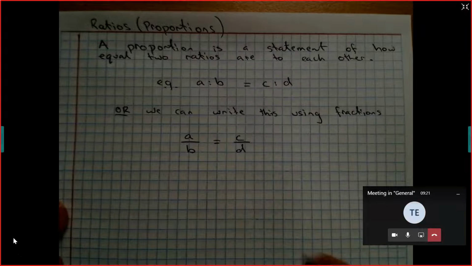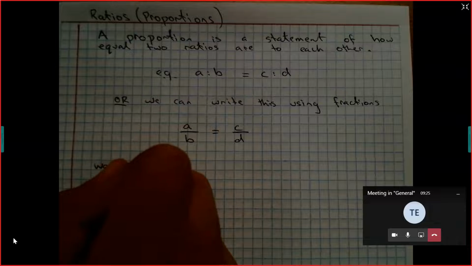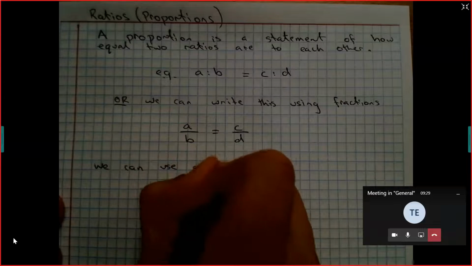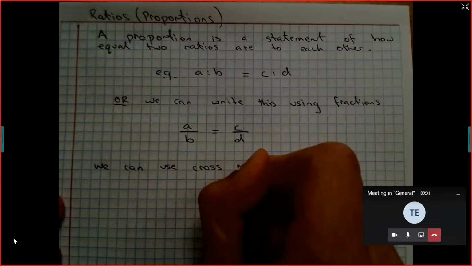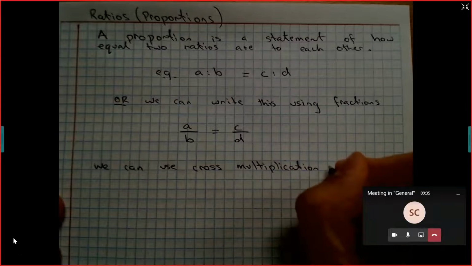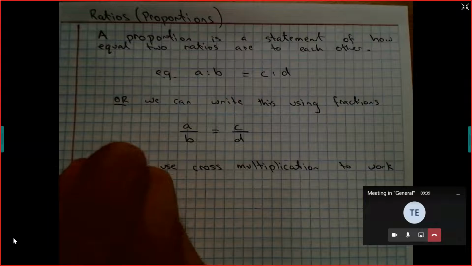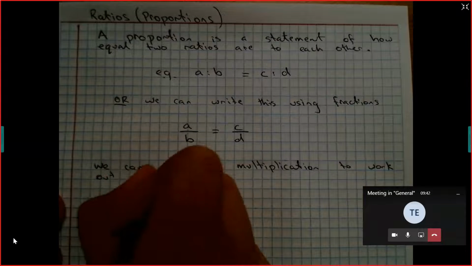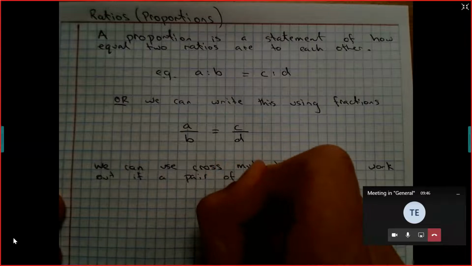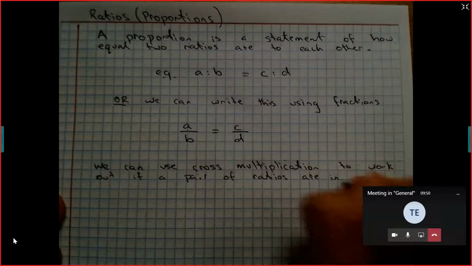So we can use cross multiplication to work out if a pair of ratios are in proportion.